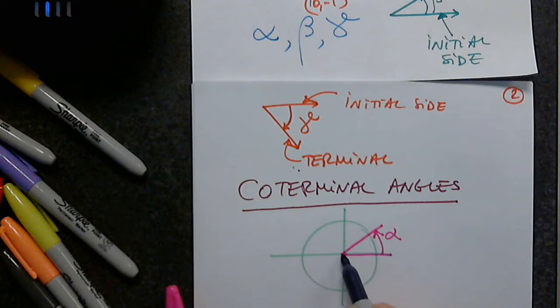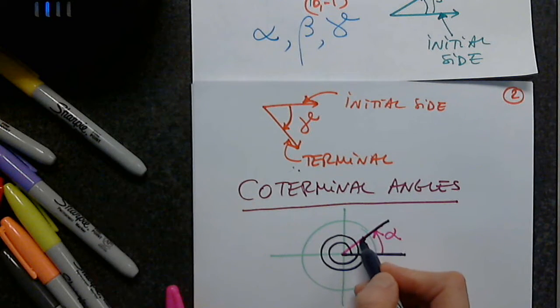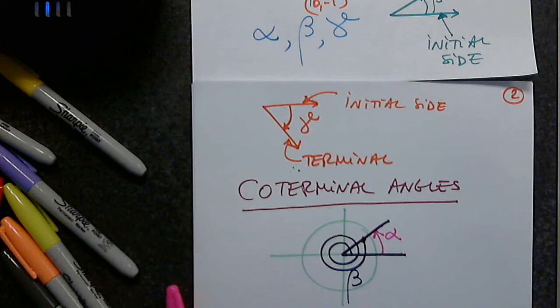An angle that starts here and does this. And I'm going to call it beta. Are alpha and beta co-terminal? Yes, they start at the same point and they end at the same point.